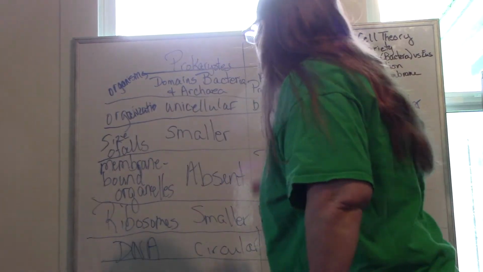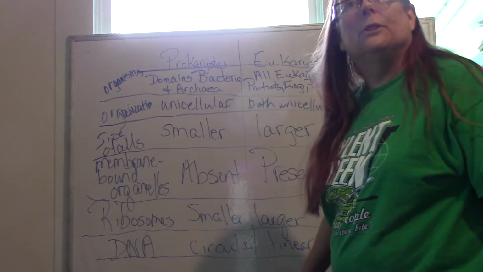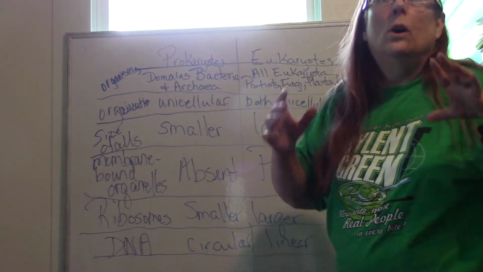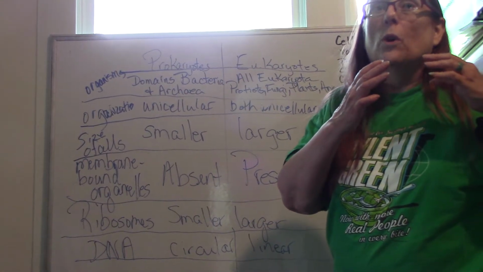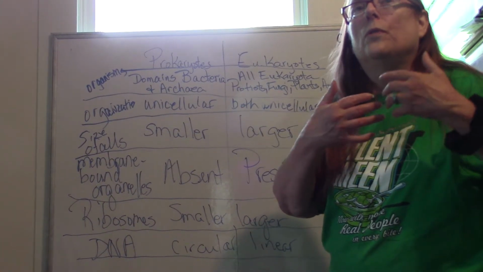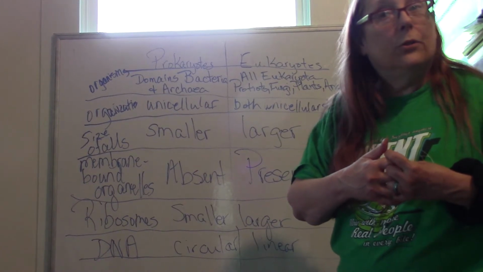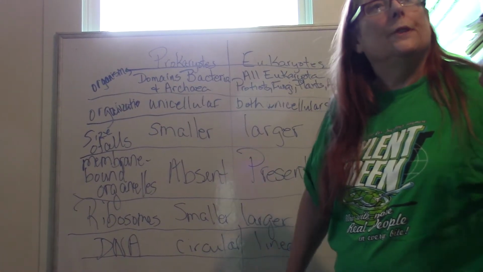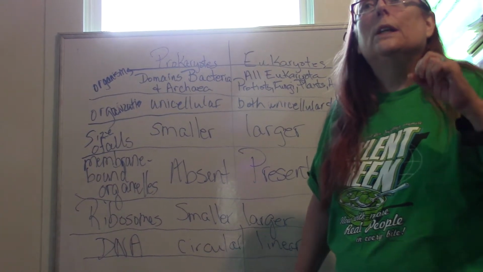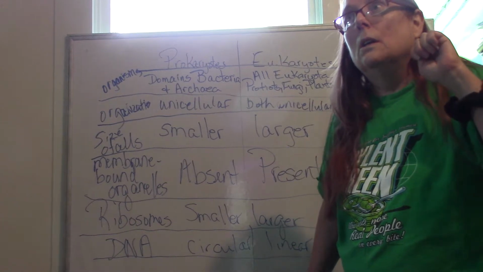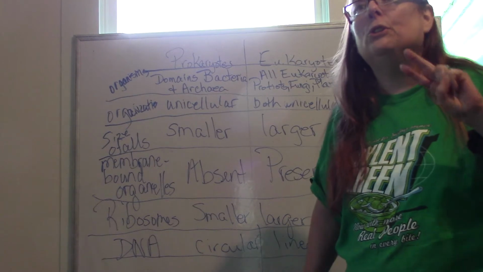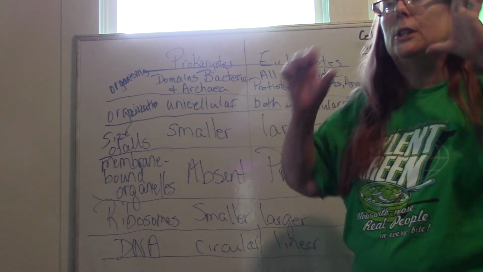While I have this here, I want to talk about evolution, just a little bit. The prokaryotes were the first living organisms, and so there were no membrane-bound organelles. That begs the question, where did the eukaryotes come from? We've got really good evidence. It's a theory, and there are actually two that are not conflicting. They go together.